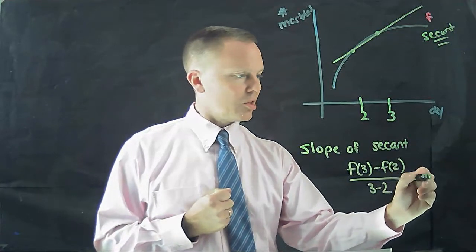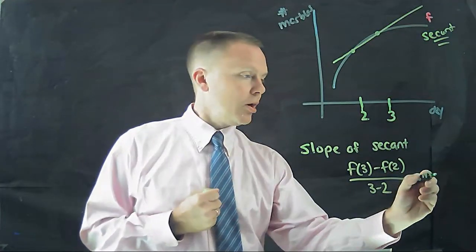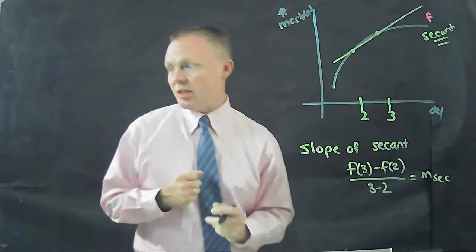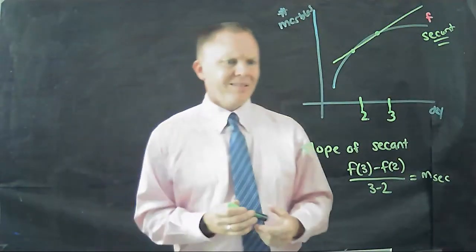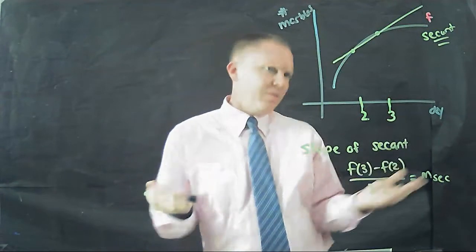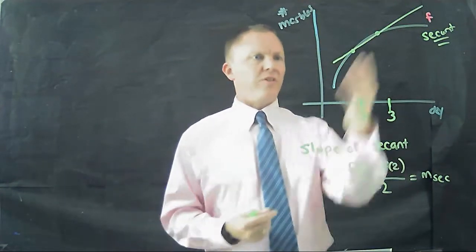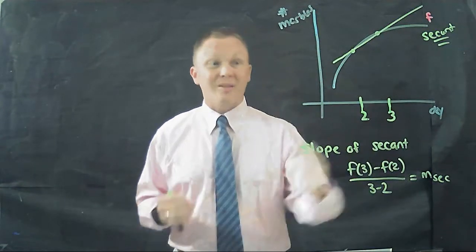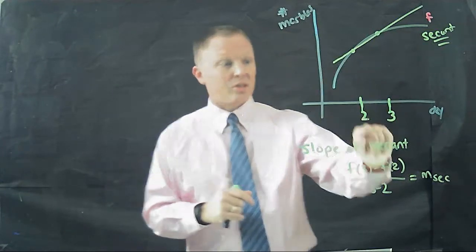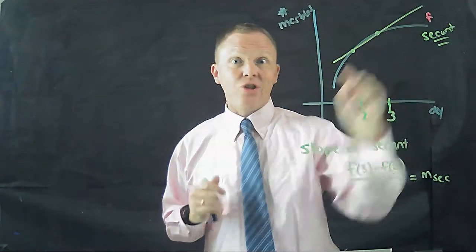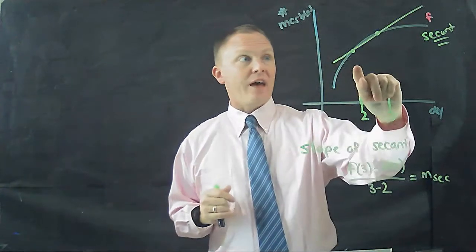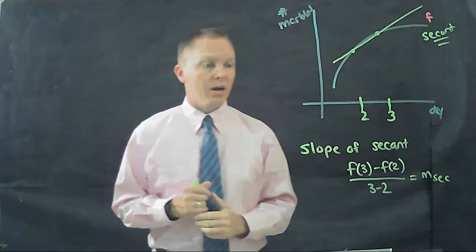We'll call that the slope, m for slope, and I'll use SEC for secant. Okay? I think that should make sense to us. Yeah, that's what we did in Algebra 1, we found the slope of that secant line. Sometimes you might hear this referred to as the average rate of change of f between 2 and 3. You'll hear that also.